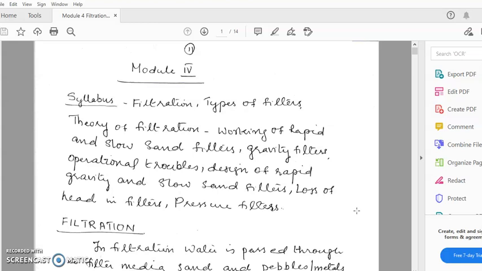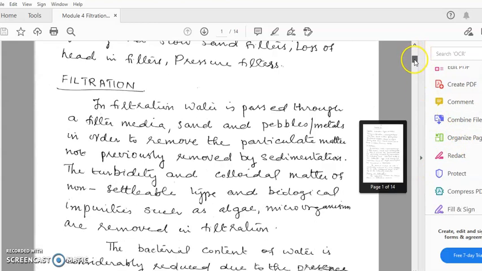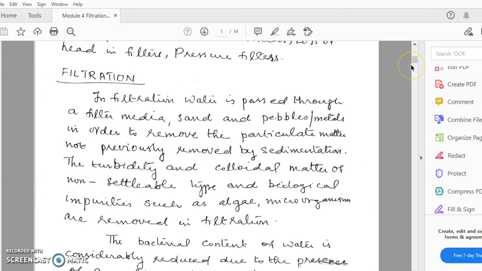Now, filtration. What do you mean by filtration? In filtration, water is passed through a filter media. The media is nothing but sand, and then pebbles or metals are used as the supporting media.